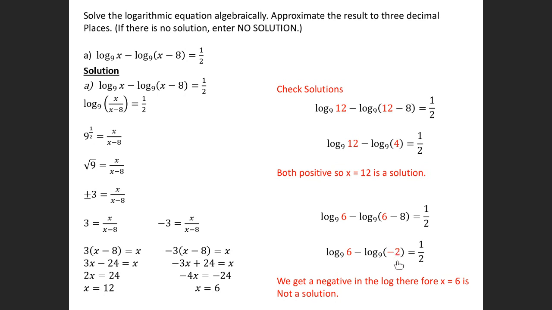So this means that x equals 6 is not a solution. So my only solution for this problem is going to be x equals 12. So always check your solution, especially when you have two of them, making sure that either both or one of them is the true solution.